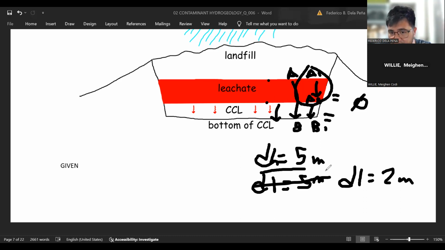So the DH will still be this one, while the DL will be just the leachate thickness. So DH will still be 5 meters and the DL will be only 2 meters, because we can safely ignore the travel time through the leachate.